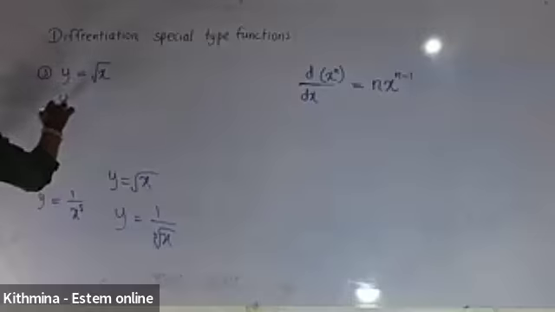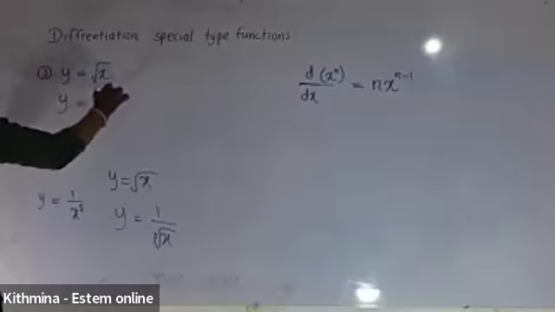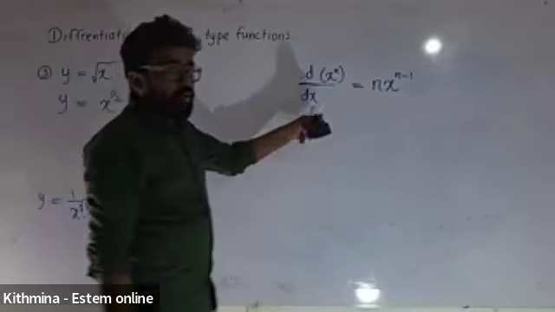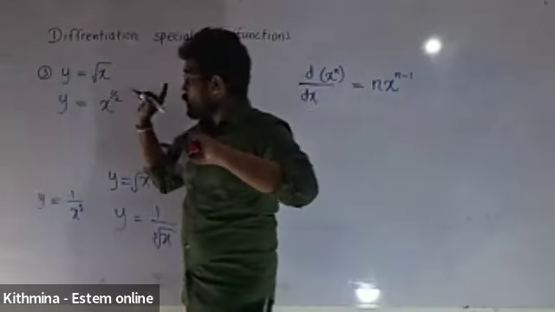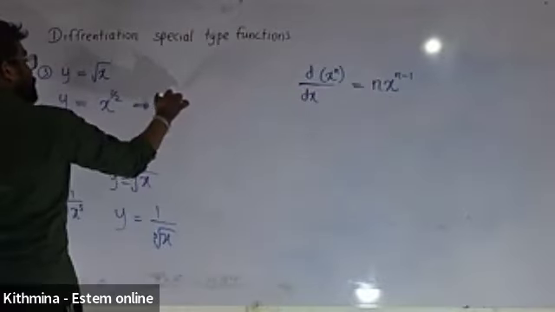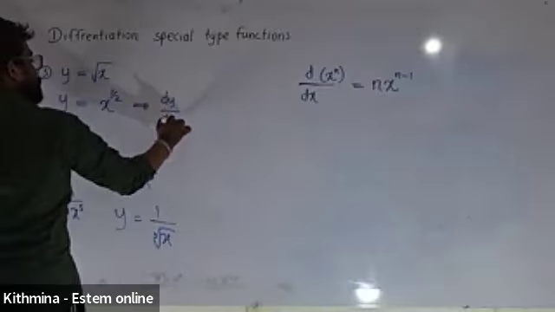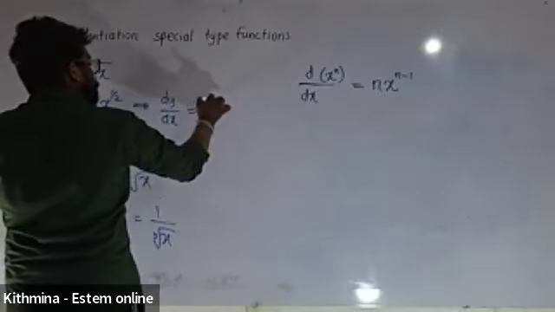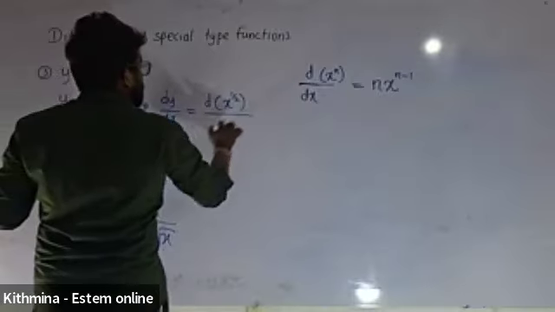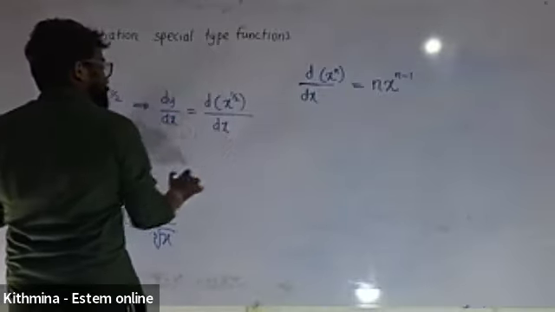Now we should write this in this format. To apply this law, we should write it in this format. And now we can apply it: dy over dx equals d of x to the power half over dx.